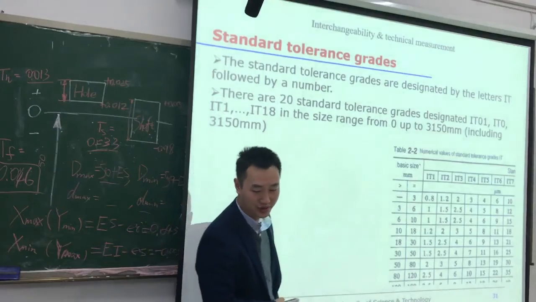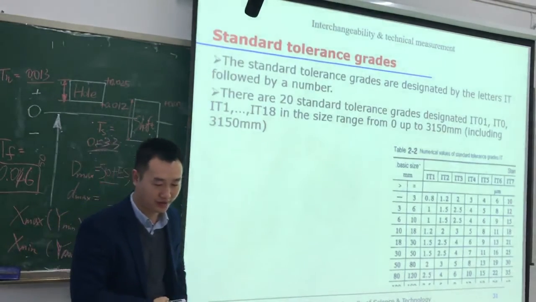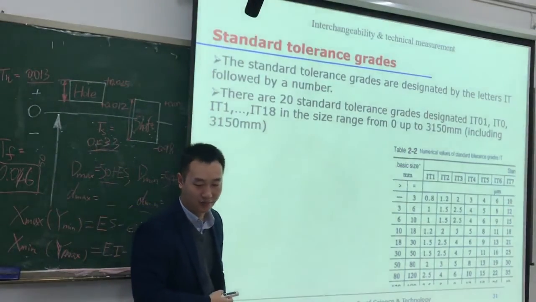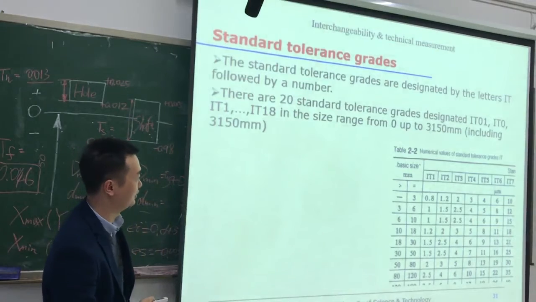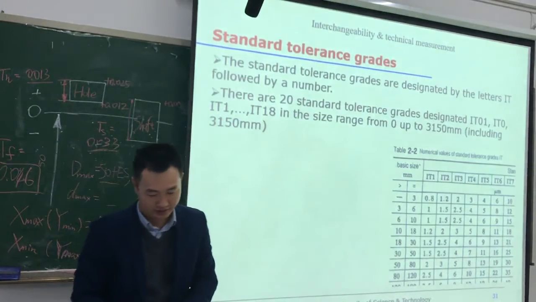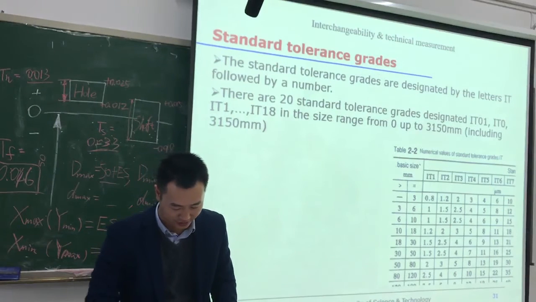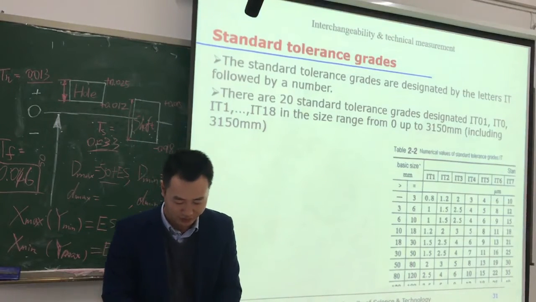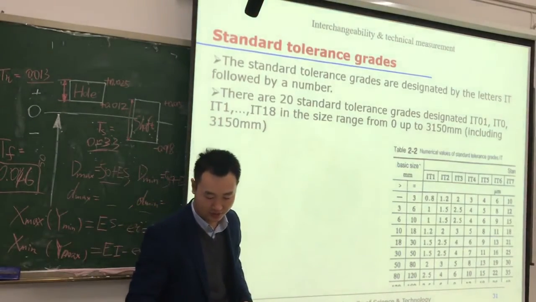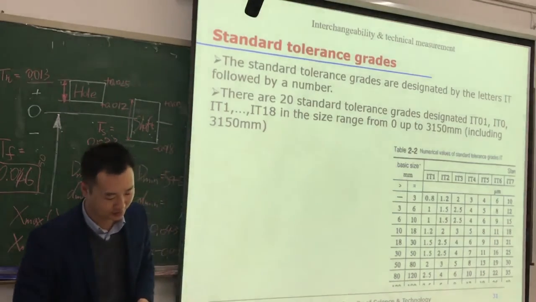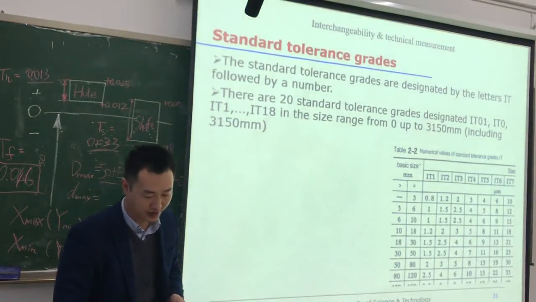First, we learn the standard tolerance grades. The standard tolerance grades are designated by the letters IT, followed by a number. Look at your textbook, table 2.4, the numerical values of the standard tolerance.